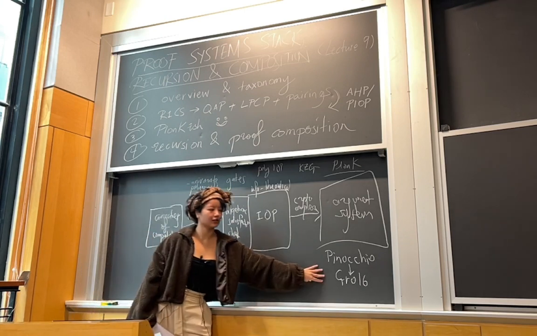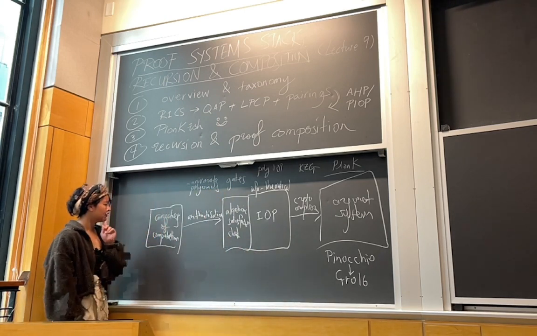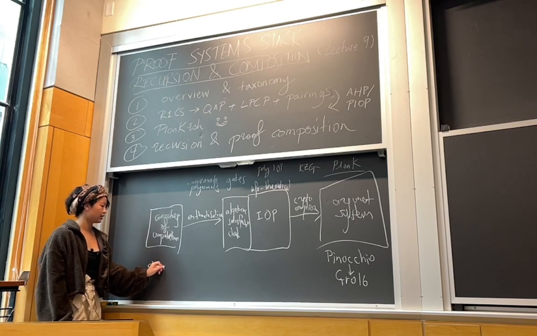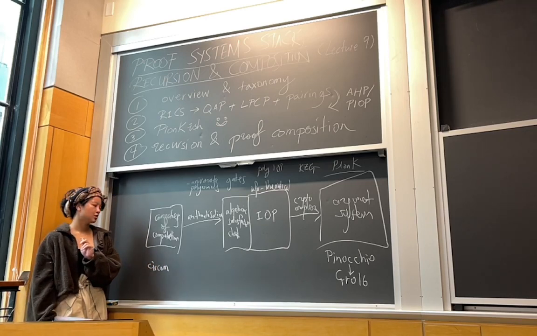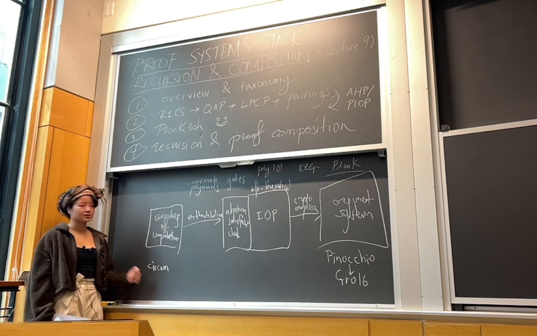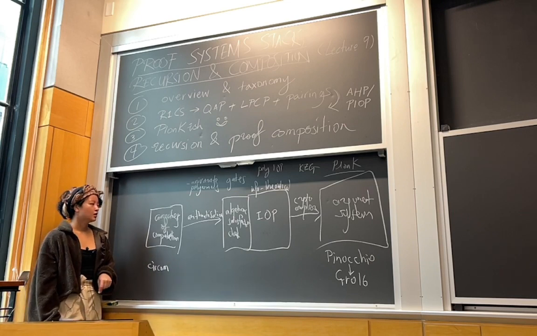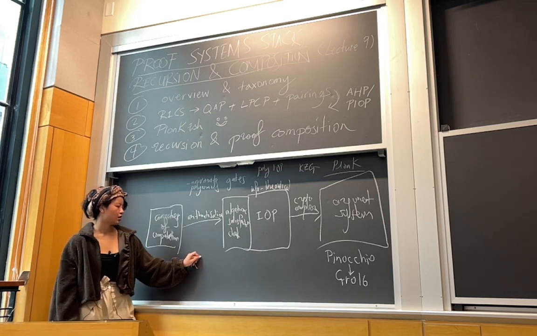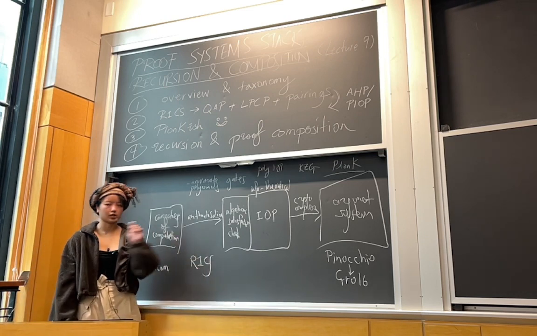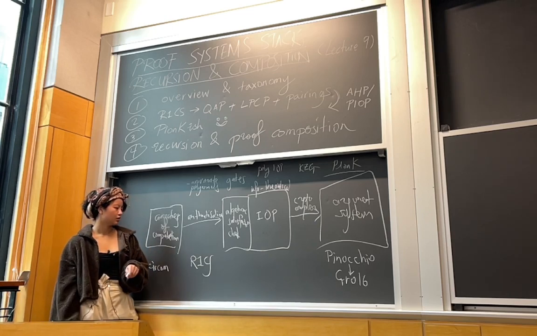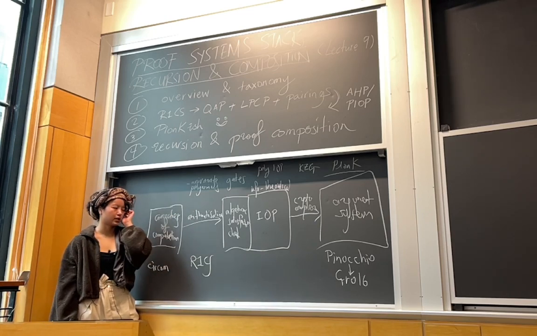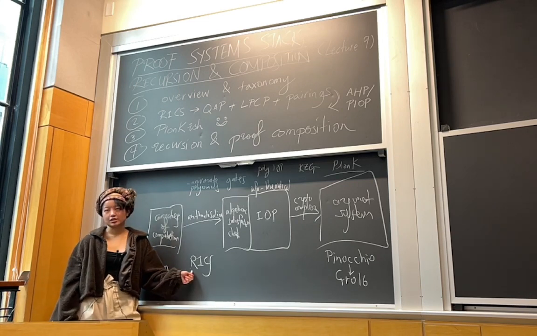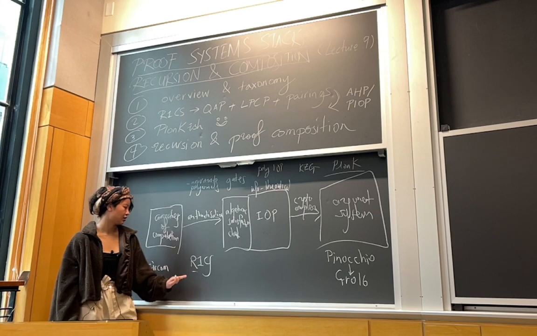So how these proof systems look is they start off, we were writing something like zkSNARK, right? So maybe there's a high-level language that you specify your business logic in. We convert that to an R1CS, rank 1 constraint system. And we're going to go through this later in more detail, but this was from lecture 7.